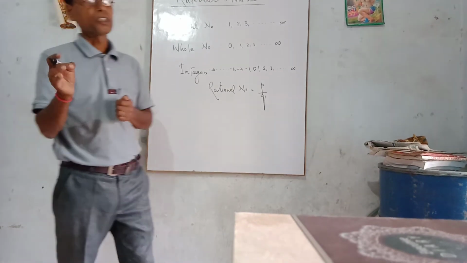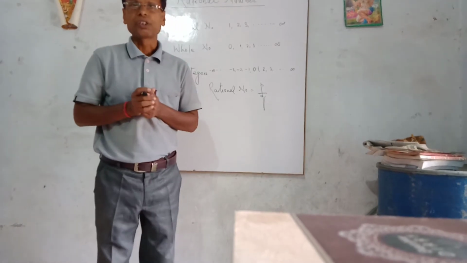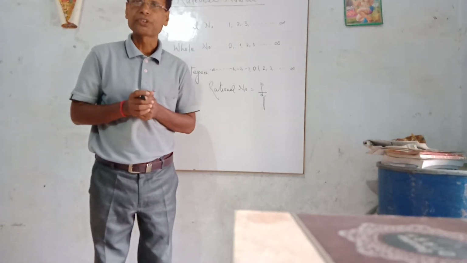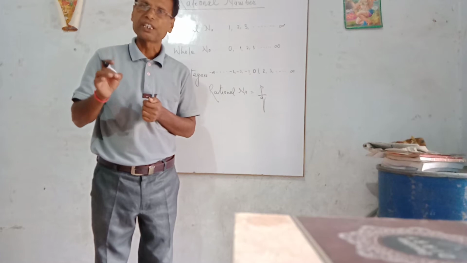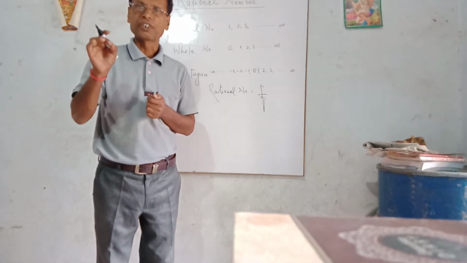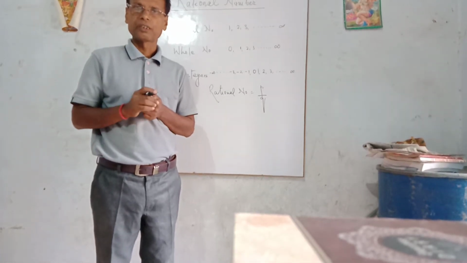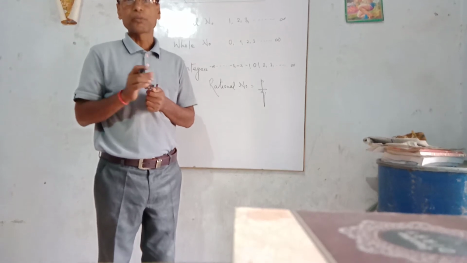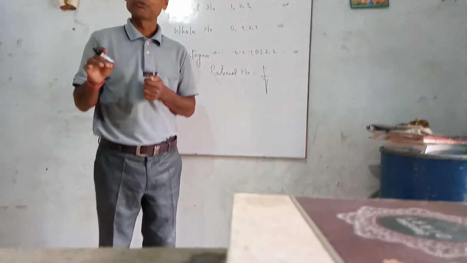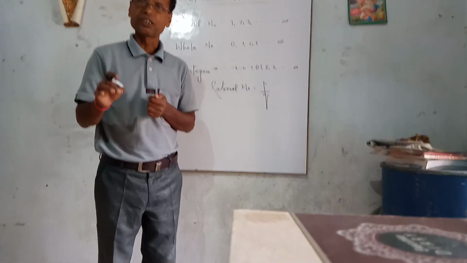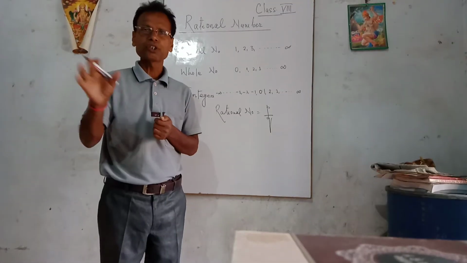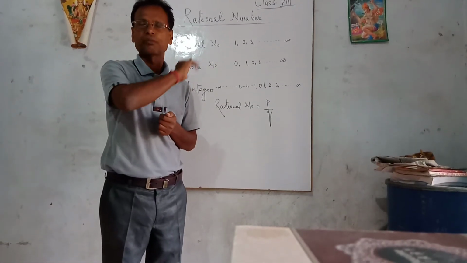Students, if q becomes 0, then the number becomes infinity, and infinity has no clear definition in mathematics. That's why a number in the form of p by q, where p and q are integers but q is not equal to 0, is called a rational number.